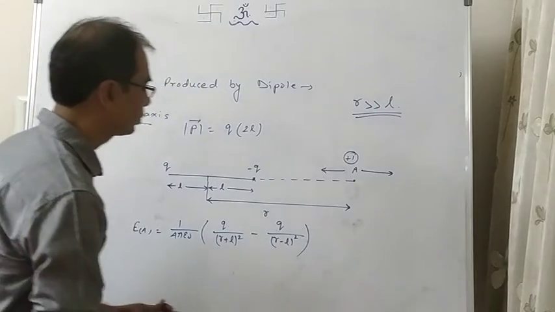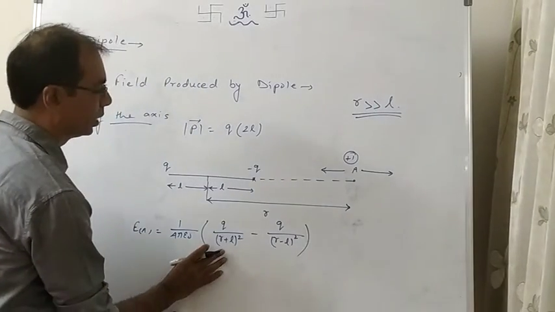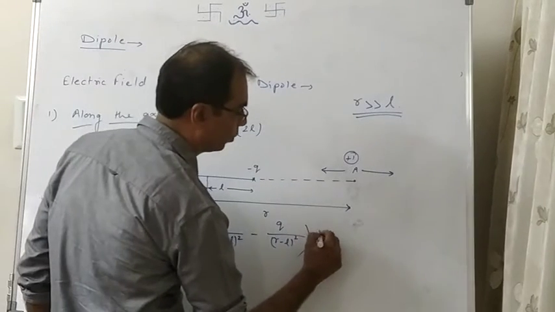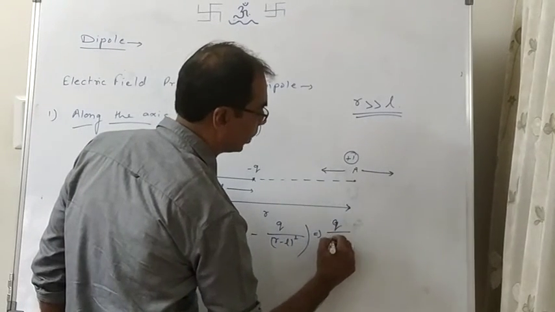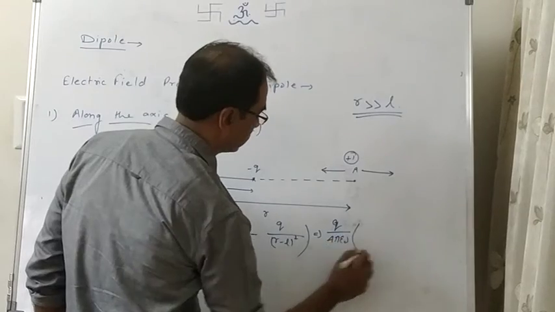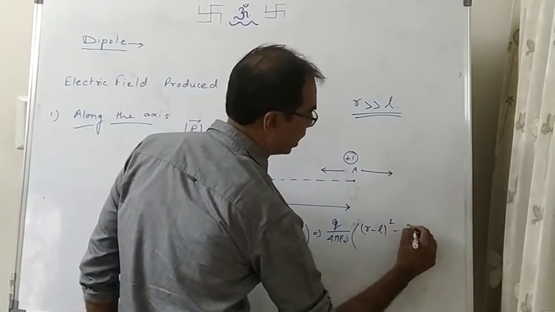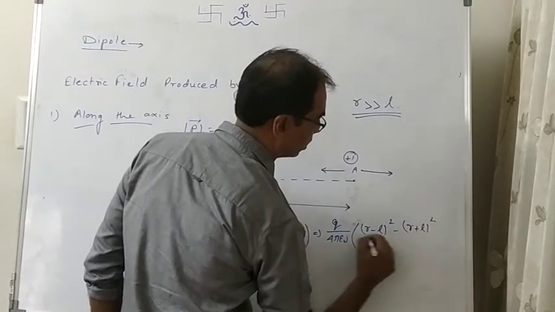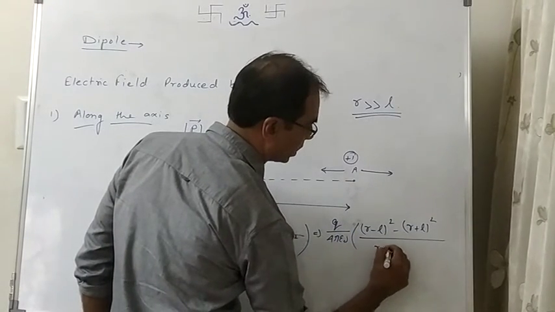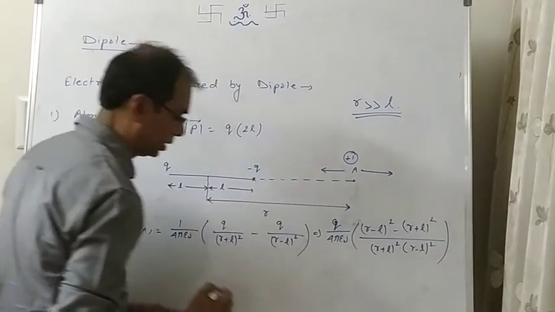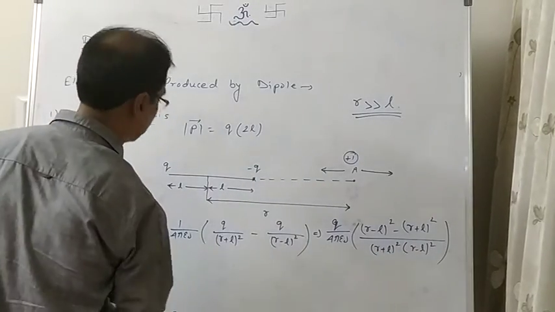Remember that. So now what can we do over here? We are going to take the LCM of this. So 1 by 4 pi epsilon naught, Q by 4 pi epsilon naught. Take LCM: this is R minus L whole square minus R plus L whole square, by R plus L whole square into R minus L whole square. Let's solve it fast and see what's coming.